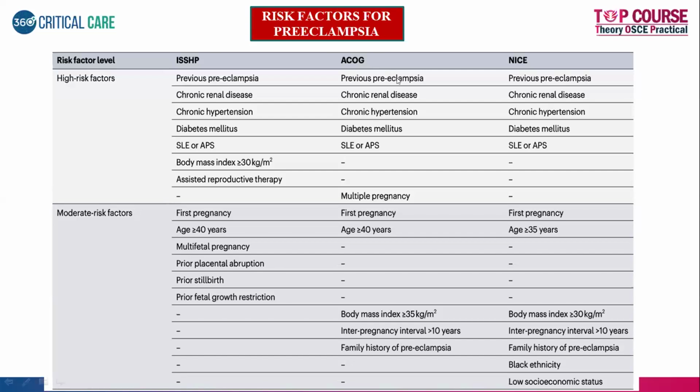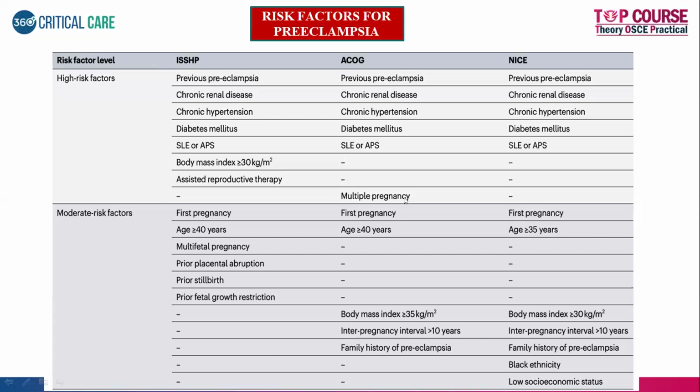Any history of previous preeclampsia, chronic renal disease or CKD, chronic hypertension, diabetes mellitus, or any autoimmune disorders like your SLE or antiphospholipid syndrome. These are the high risk factors. And even multiple pregnancies is also a high risk factor for preeclampsia.